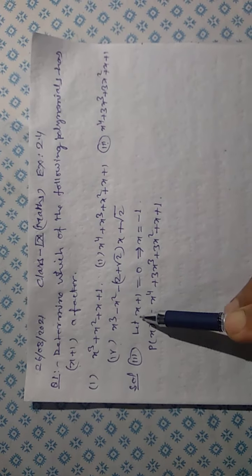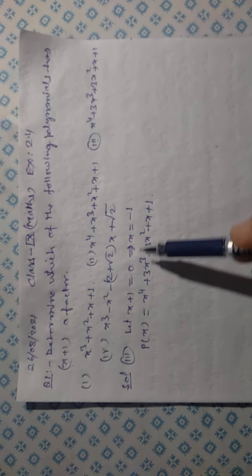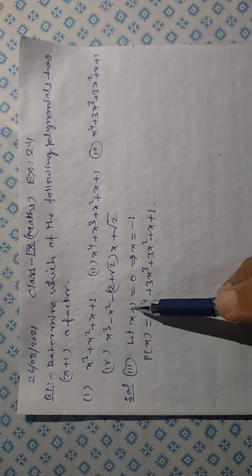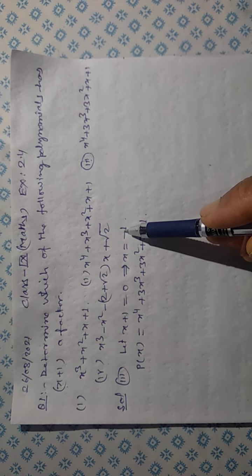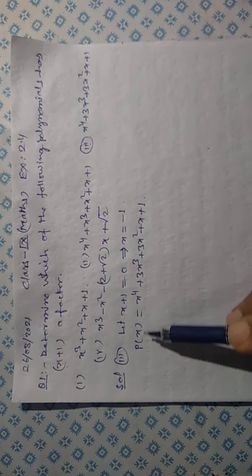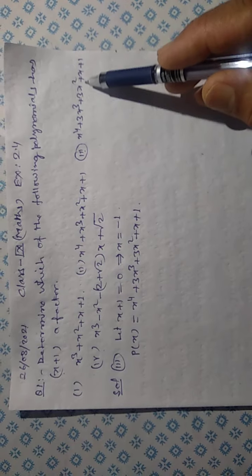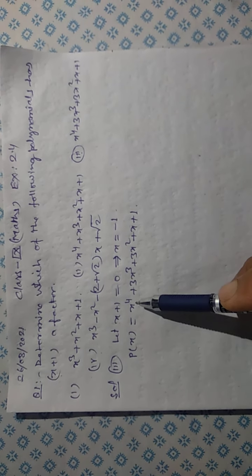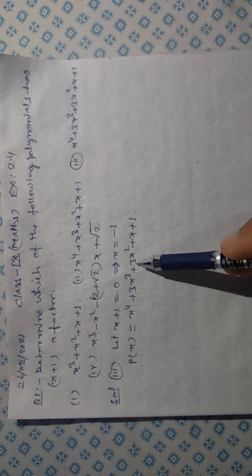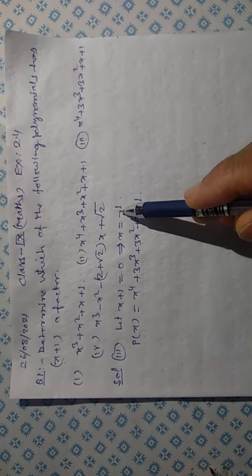Then you will put x plus 1 equal to 0. That is x equal to, transposing 1 to the right hand side, it becomes minus 1. Now you will write the given polynomial: p(x) equals x power 4 plus 3x cube plus 3x square plus x plus 1. Now in place of x you will put minus 1.